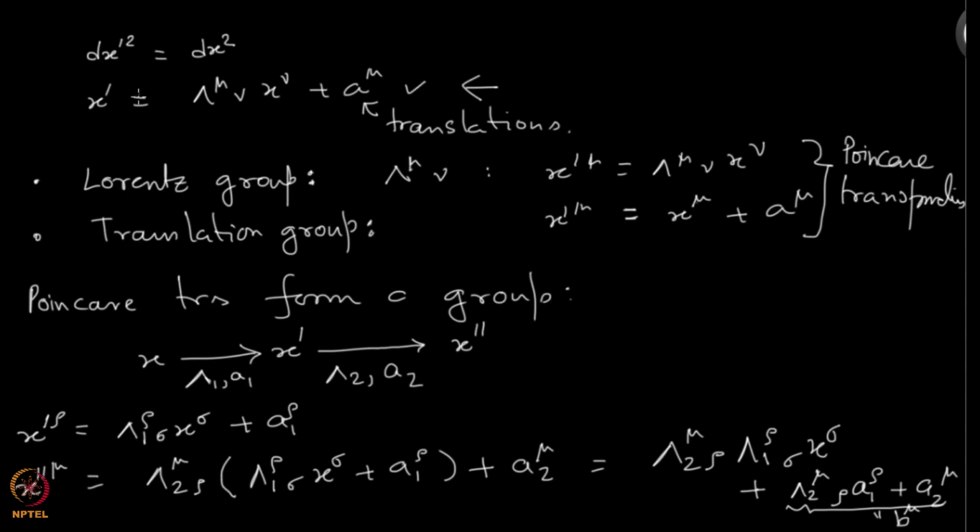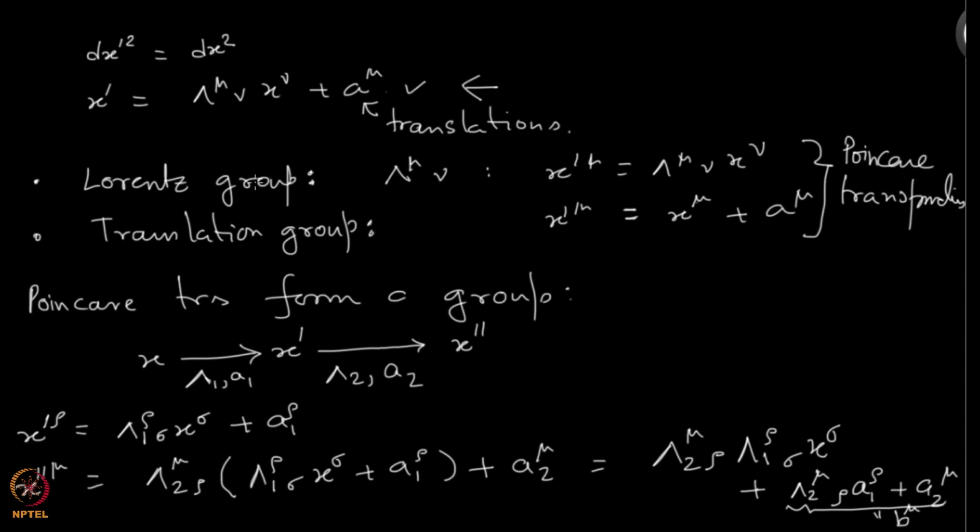We were looking at all the transformations which keep this unchanged, and we found that the most general solution was this, that x prime is lambda mu nu x nu plus a mu, where a mu is constant, and we also talked about the fact that these a mu's are the translations. So, they generate time translations and space translations. If you took lambda to be identity, meaning you are not doing any Lorentz transformation, then it is x prime is x plus a mu. So, it is just shifting the values of x.